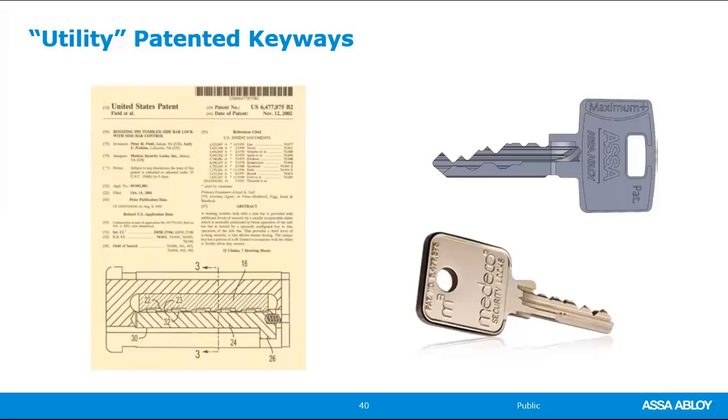That's because all key blanks have been used up. There's nothing you can do with a piece of metal that hasn't already been done. So the US Patent Office, and this is their words, said your key, in order to get a utility patent, must have another functionality.